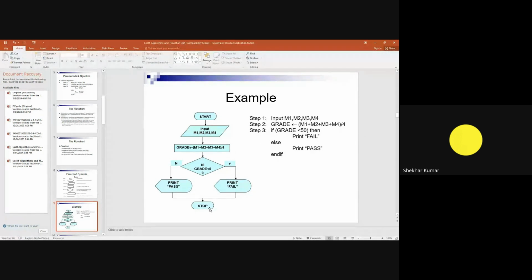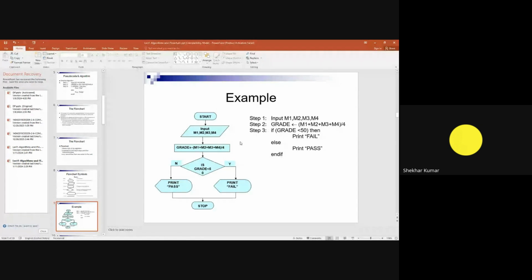So it is called a terminal, because you use it in the beginning or at the end of the flowchart. Okay, class. These are the terminal symbols, start and stop.